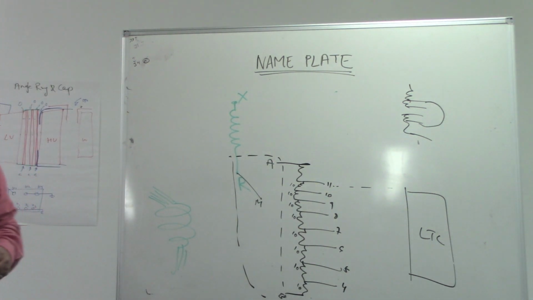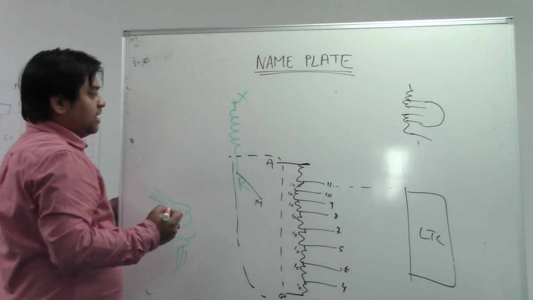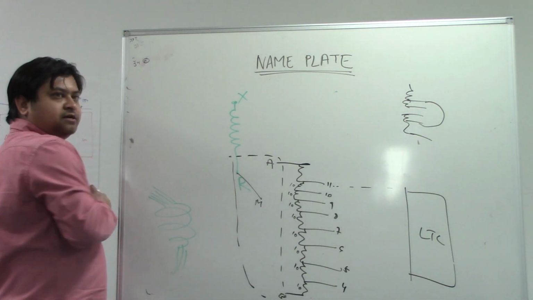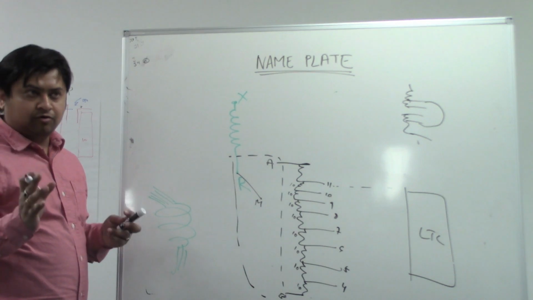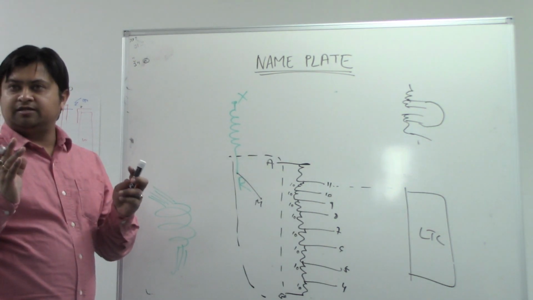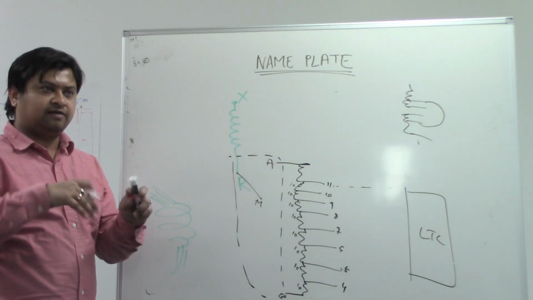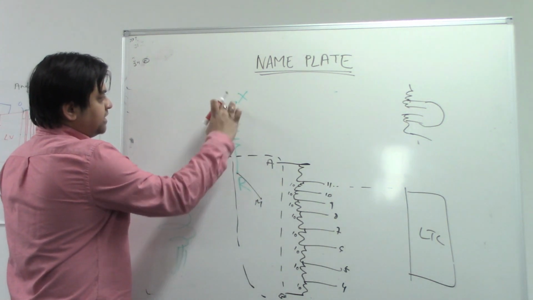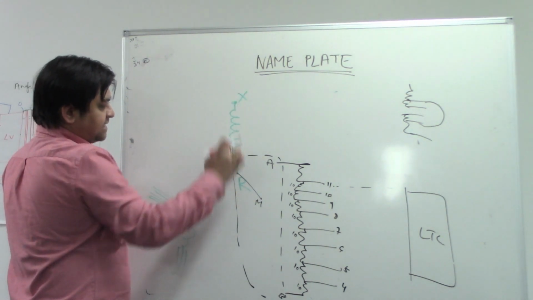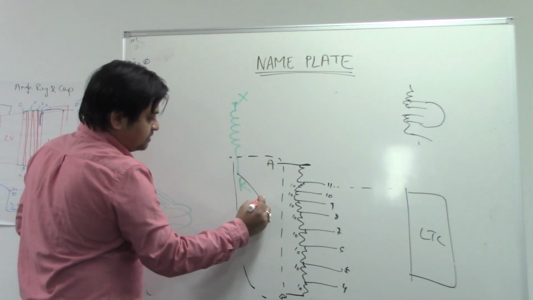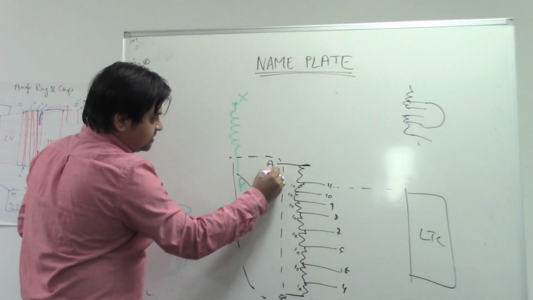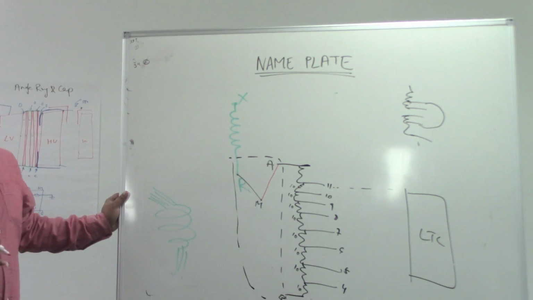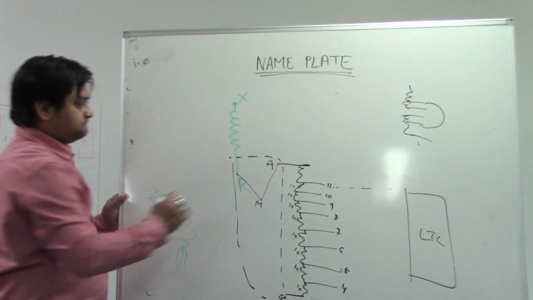So now what happens? You know, right? In order to change the voltage, you need to change the turn, right? Physically. If you want your voltage across this point, X and R, what you will do? You will have to connect this here, okay?